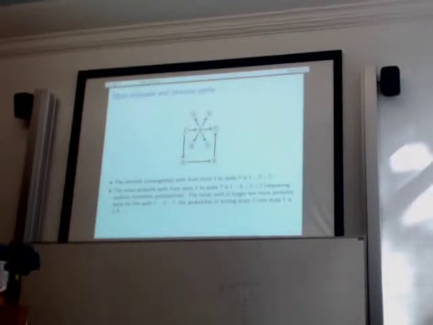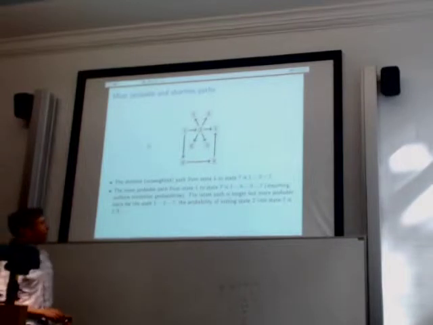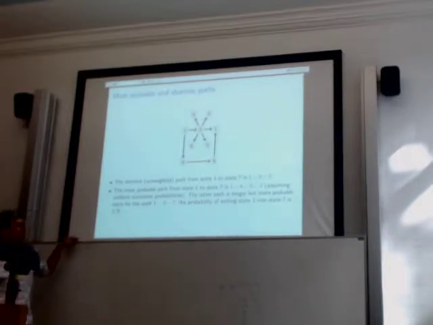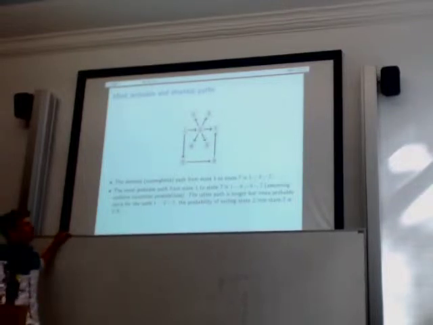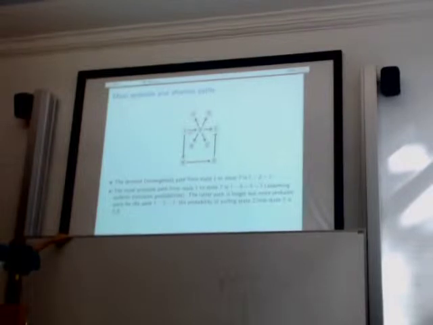On the other hand, you might say, what's the most probable path from state 1 to state 7? Now, I'll just assume that all of these links have uniform probability. If you go out of state 1, you can go to state 2 or state 8 with the same probability, in other words, a half.